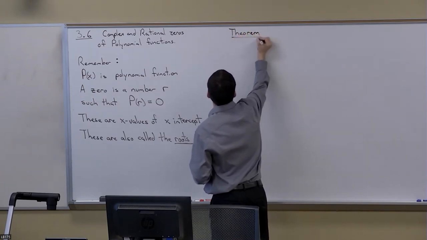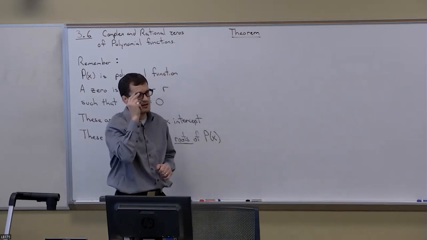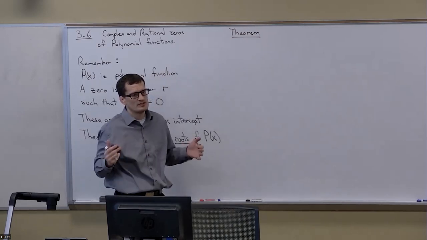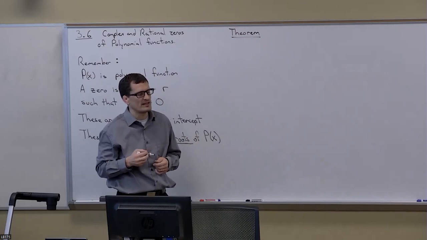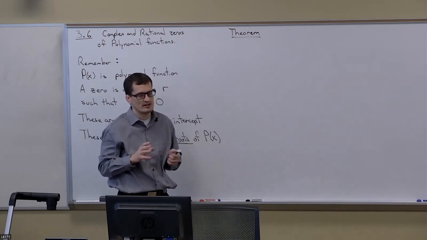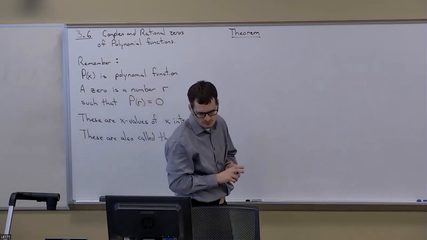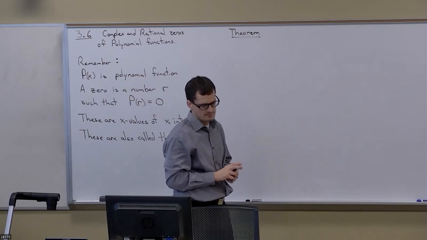By the way, I'm using the word theorem. Hopefully people have seen that word before. A theorem is just a statement in mathematics that's been proven to be true. Like it's guaranteed to be true always. So theorem is just a fancy word for a true statement.